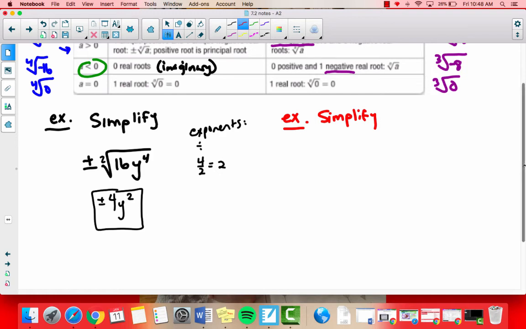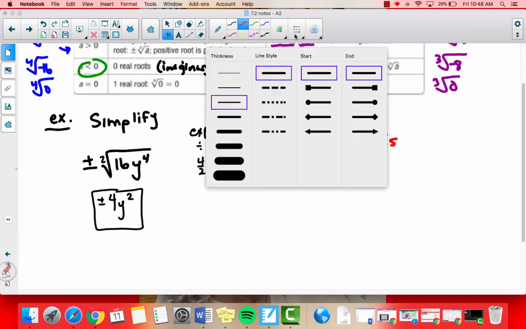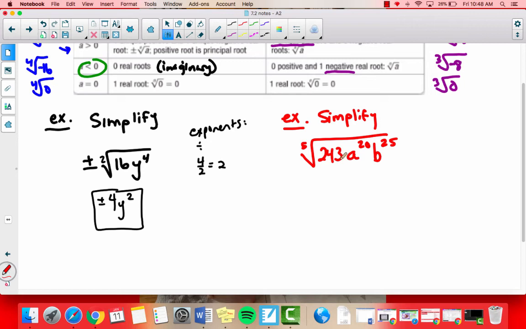All right, let's try another one. Here we're going to simplify the fifth root of 243 a to the 20th b to the 25th. So again, we're going to start this off by dealing with the number first. So we're going to have the fifth root of 243.